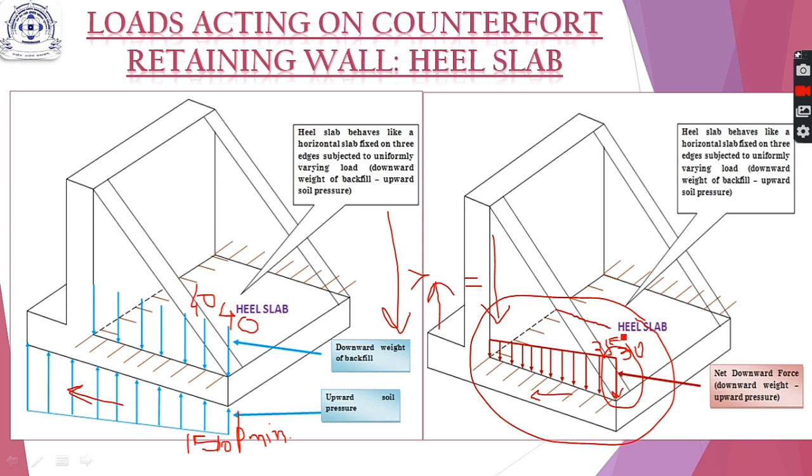Kindly note here that this trapezoidal load acts the same at all the sections of your heel slab, traveling here also, here also, in this direction. So the maximum values we will get at this particular edge, that is the outermost edge of your heel slab.